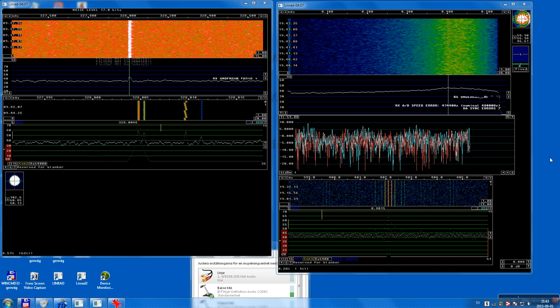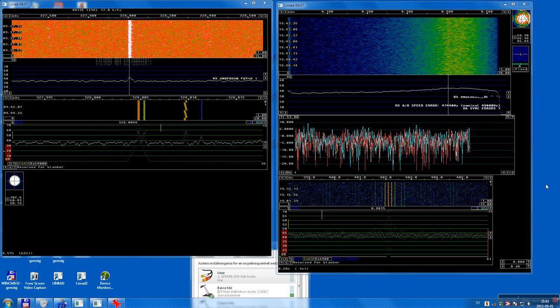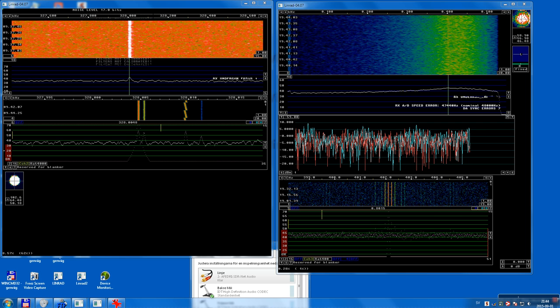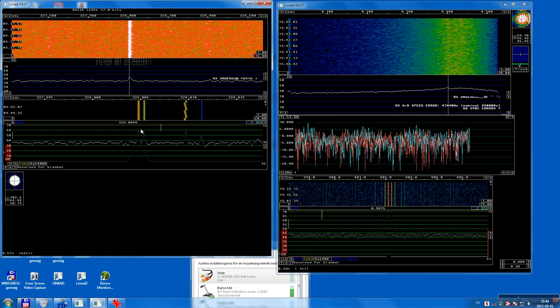The coherent averaging cannot help to hear a signal that is 20 decibels weaker, because it is required that the carrier is established with good enough accuracy. And we can see here, this carrier is about 25 decibels above the noise.